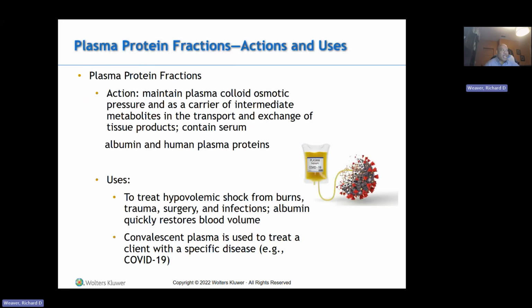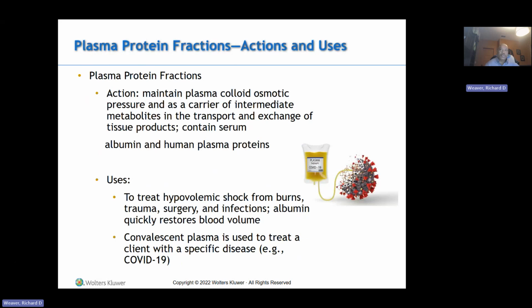Remember, I was telling you that when patients have proteins or albumin within the vascular space, it maintains a certain pressure that keeps that liquid part of our blood in the vascular space. When someone has low proteins or low albumin levels, then that liquid or plasma part of the blood begins to seep into our interstitial space, causing edema. All right. And where they talk about carrier of intermediate metabolites, protein also acts like a carrier, a transporter.